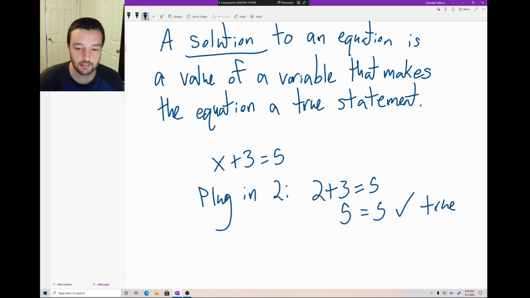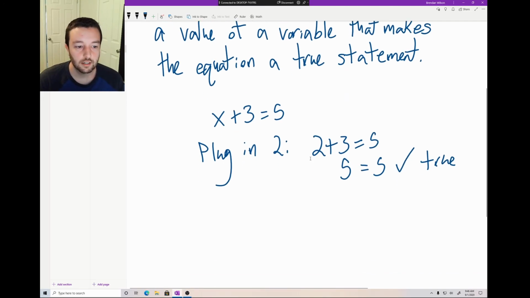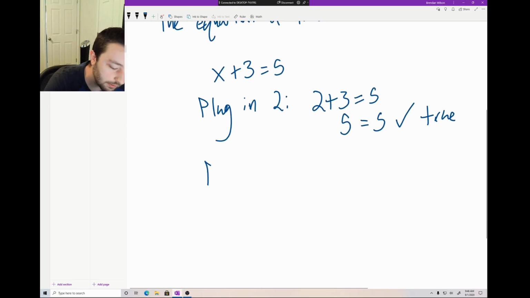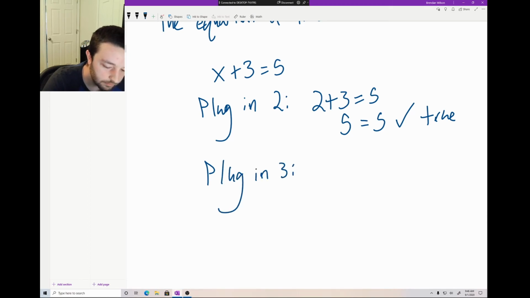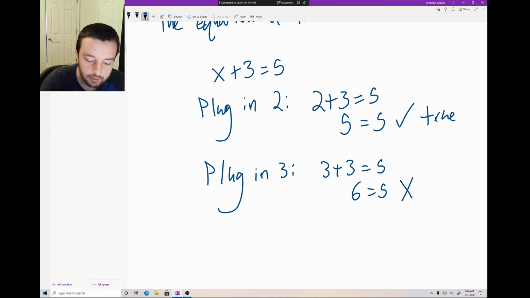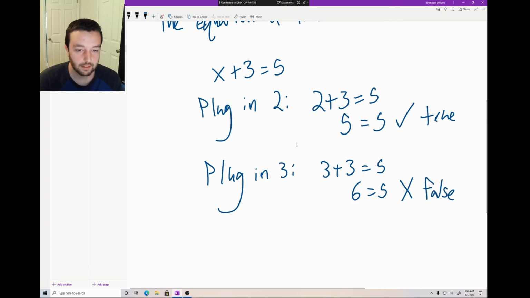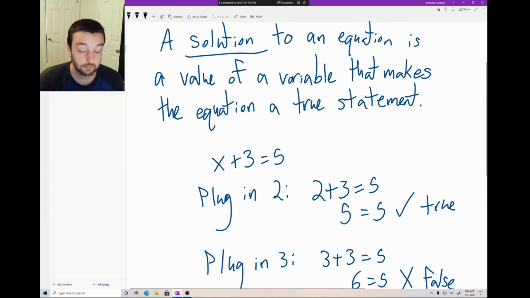Because we know 5 is equal to 5. It's the same number. If we plug in 3, then we get 3 plus 3 equals 5, so 6 equals 5. This is not true, okay? In other words, it's false. So 2 is a solution, 3 is not a solution.